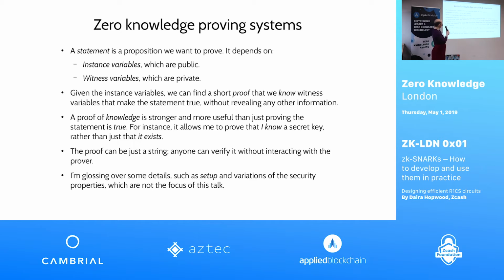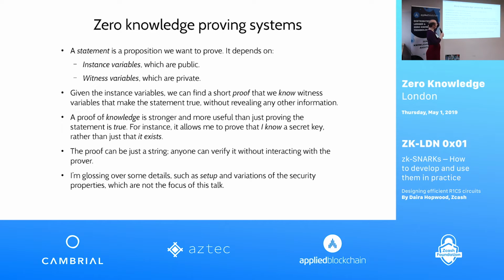Okay. So in general, what is a zero-knowledge proving system? I'm not going to spend very much time on it because I suspect most of you know. So we have a statement that we want to prove, and we have some instance variables that the statement depends on, so there's a public, and some witness variables that are private.